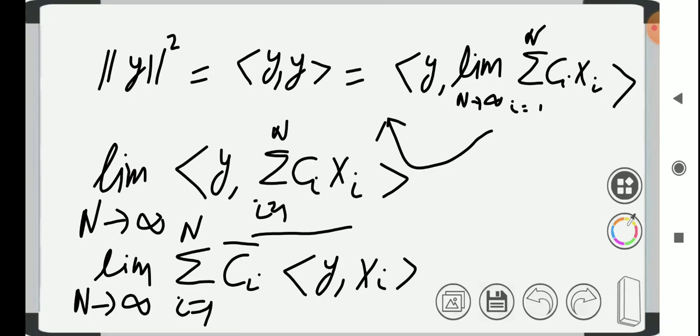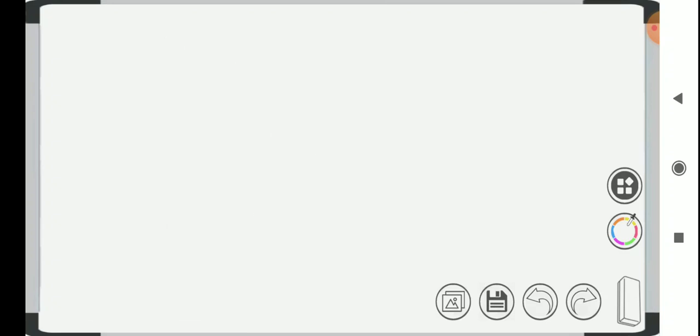But we know that the inner product of y with xi is equal to 0 for all i. We know this property because the eigenvalues we assumed are not equal, therefore the corresponding eigenfunctions will be orthogonal for each i.